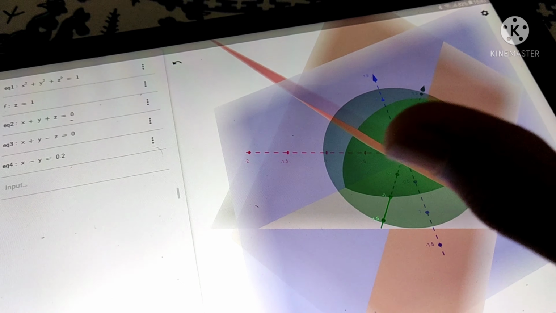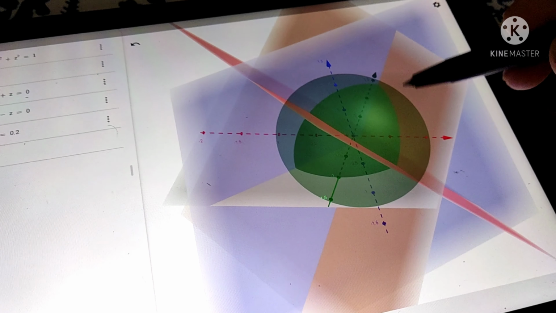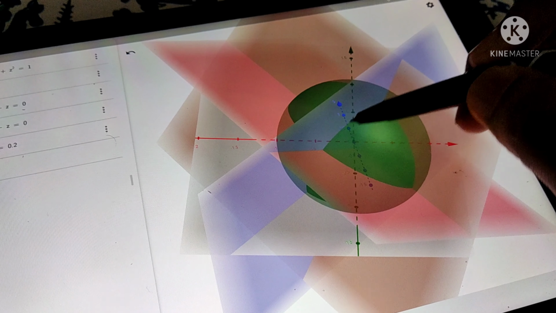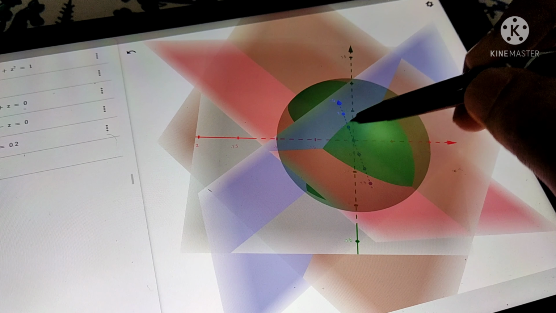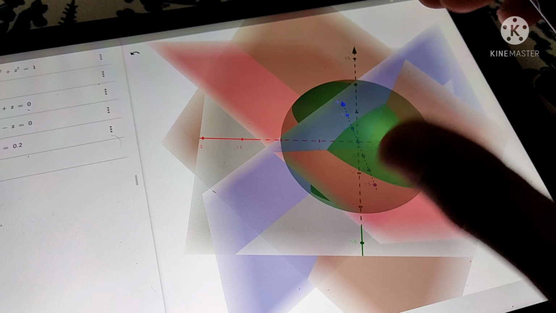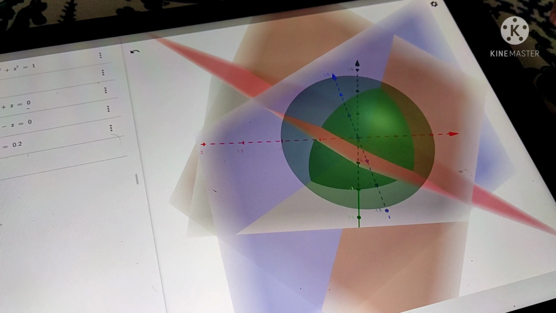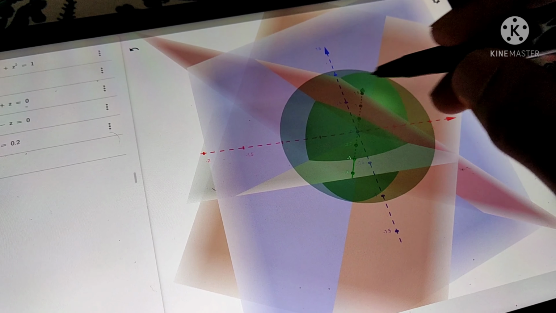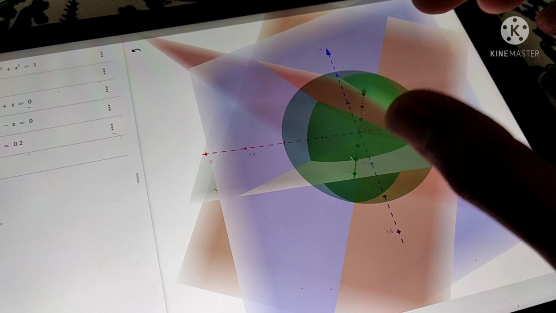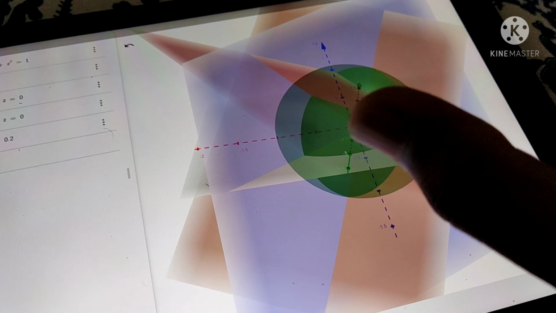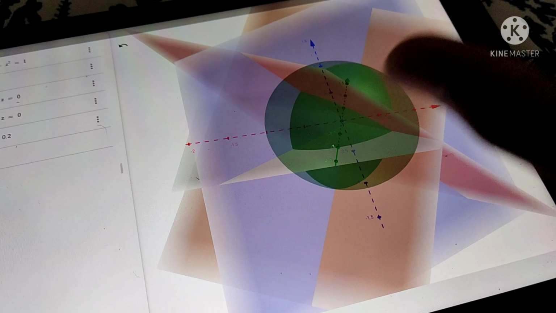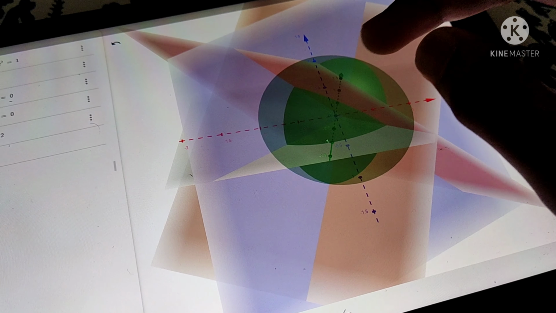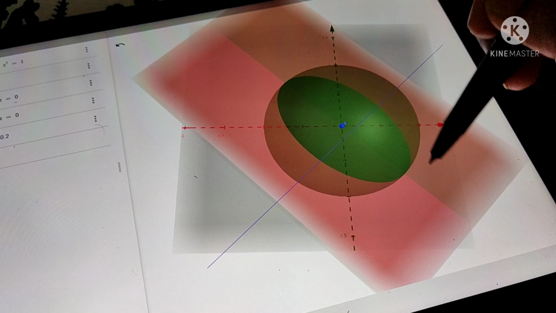So basically the segment that it encloses between these two planes and the total perimeter of the circle make a particular constant ratio, and that ratio is true for any plane, right?